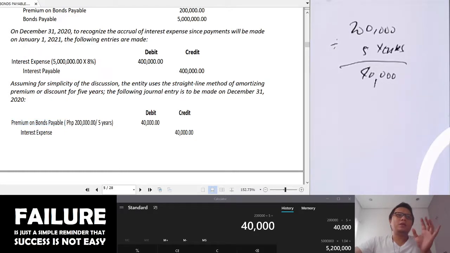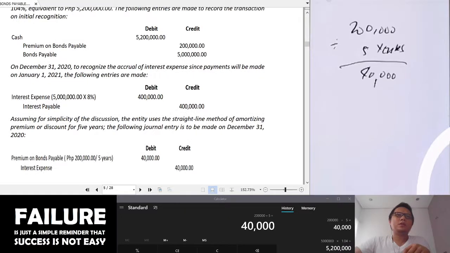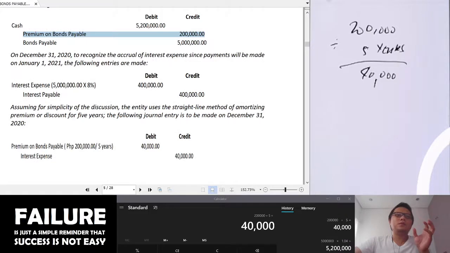Kasi nga, di ba, if we understand this transaction, the recognition of the premium was credited. And if we amortize, basically, the concept is, di ba, dapat babawasan ito with our amortization. So, pag babawasan natin itong premiums natin, obviously, the amortization would go to debit. So, debit premium on bonds payable at 40,000. Okay, at 40,000 now.